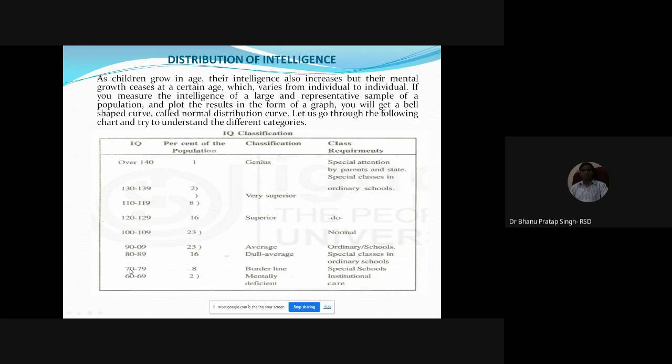If the IQ is 70 or near about 60, the child is borderline or maybe mentally deficient. For that kind of child, special schools, special instructions, special care must be given. So what is IQ? Mathematically, we will learn in the next slide.